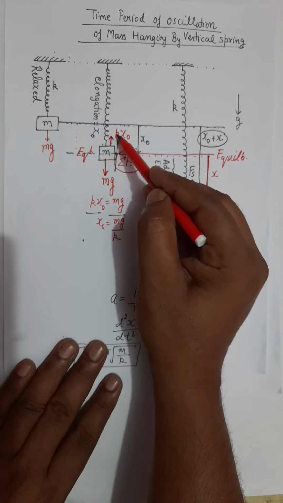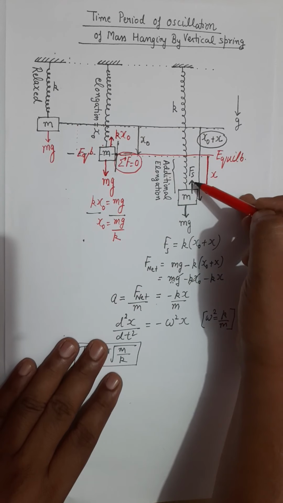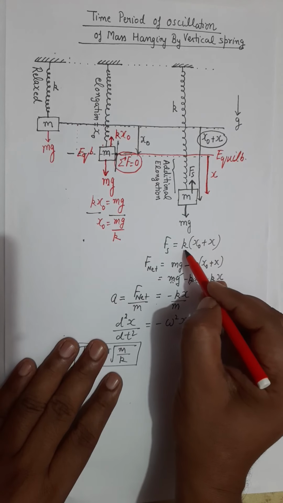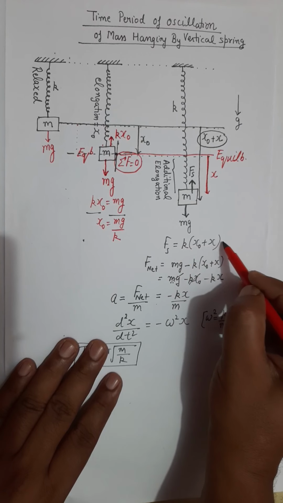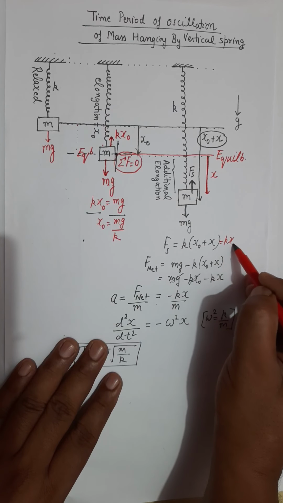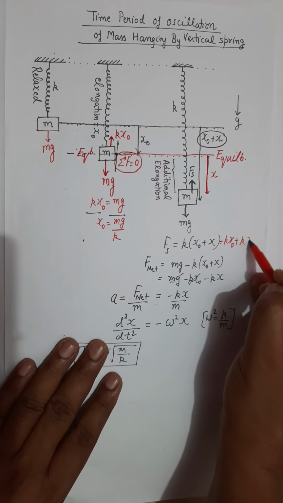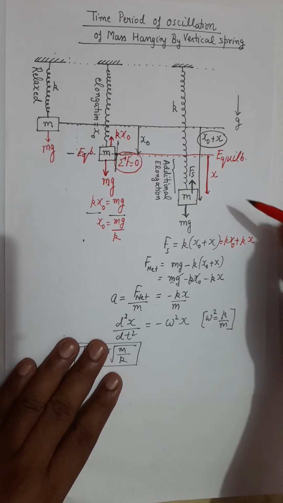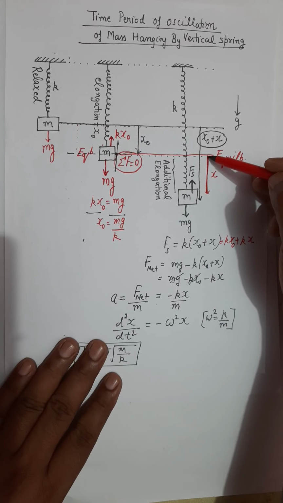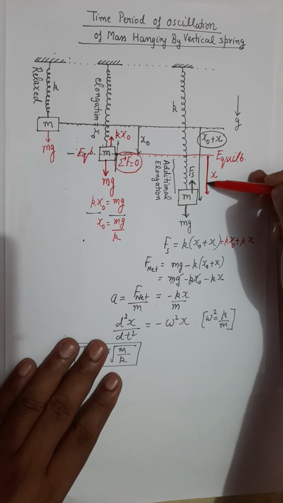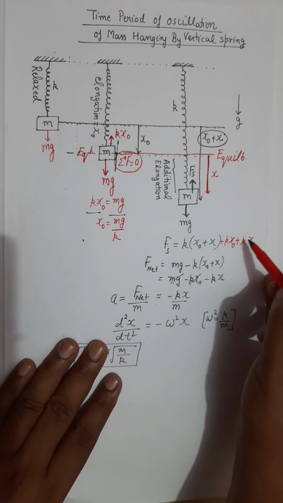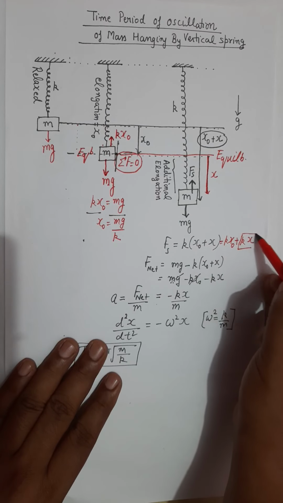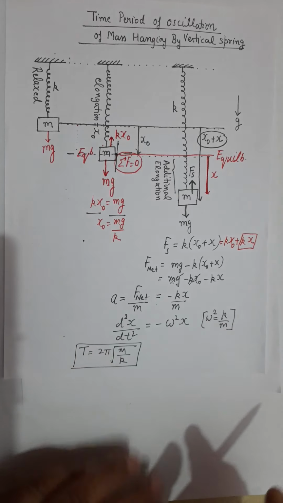It is already kx naught in magnitude. Notice that the spring force is kx naught plus kx. So the effect of displacement from the equilibrium point is the additional spring force kx, which causes oscillatory motion.